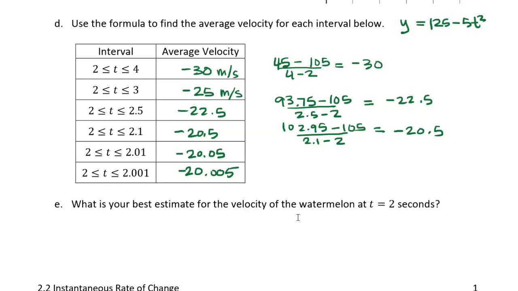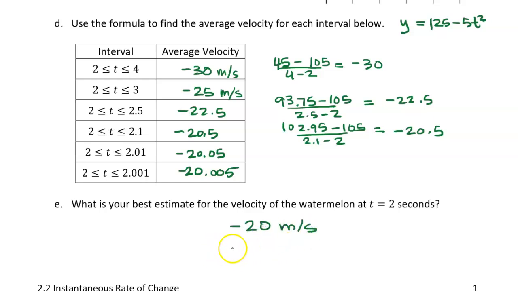So based on what we have, what is your best estimate of the velocity at t equals 2 seconds? As the endpoints of the interval get closer and closer together, the value is getting closer and closer to negative 20 meters per second.